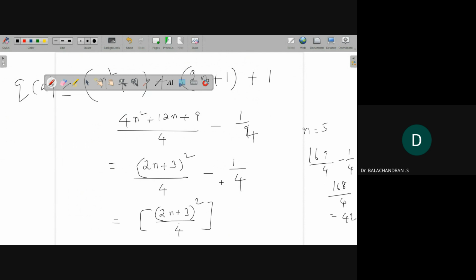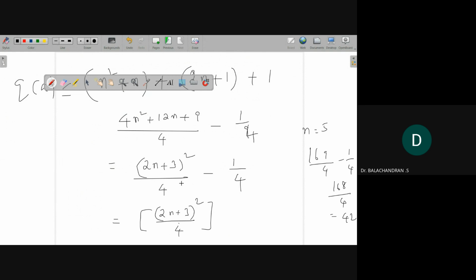So from this we are getting 42, and from this also we are getting 42. So for n equal to 5, the greatest integer not exceeding 169 by 4 is 42. Similarly, you can check for n equal to 6, 7, 8. So this is same as this. So that is the observation.